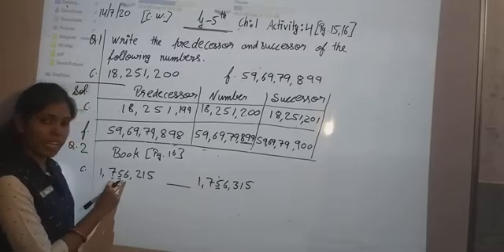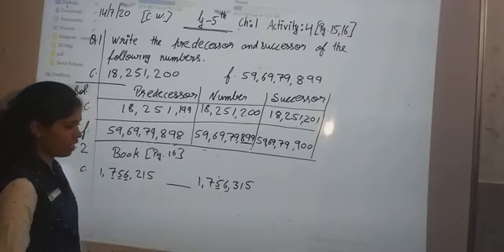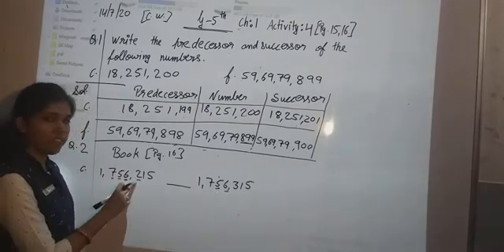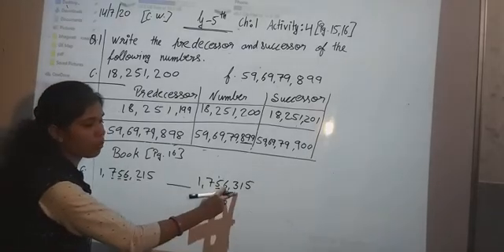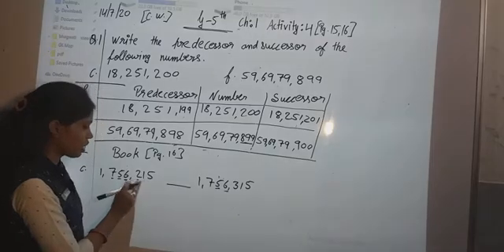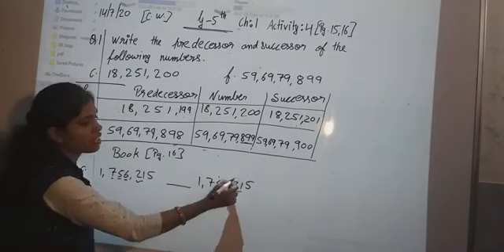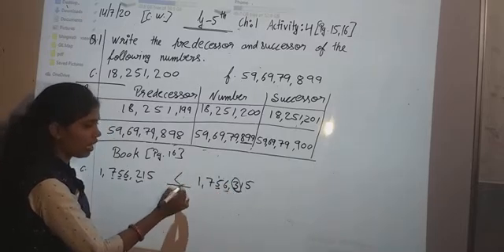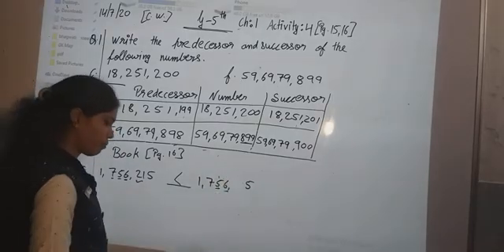So come to the 1,000s place, we have 6 and also we have 6. We can't compare. Now come to the hundreds place. We have 2 in the first number and in the second number we have 3. Yes students, tell me which one is greater, 2 or 3? Yes, 3 is greater. So this one is our greatest number.